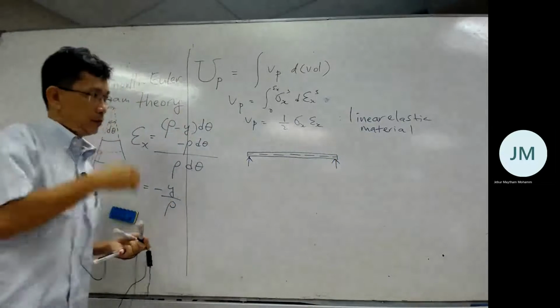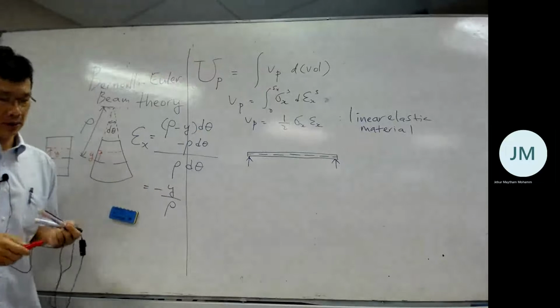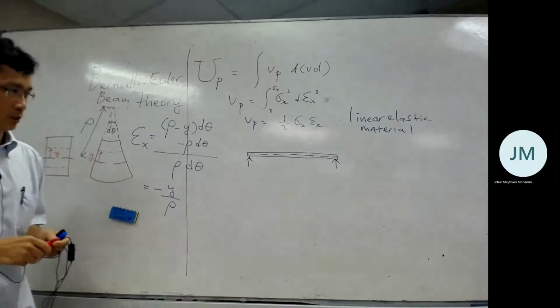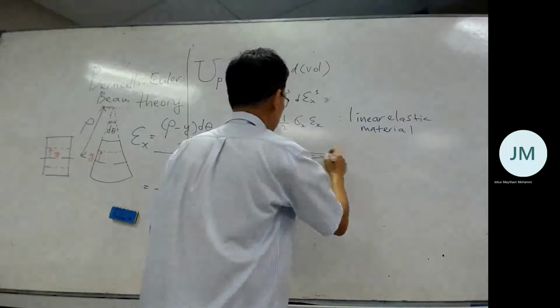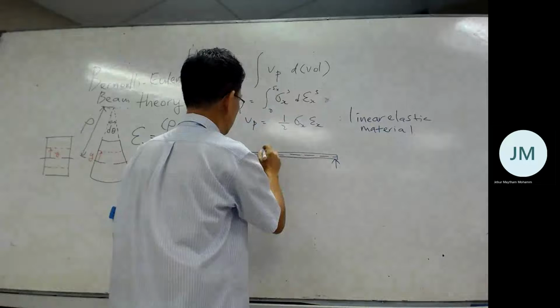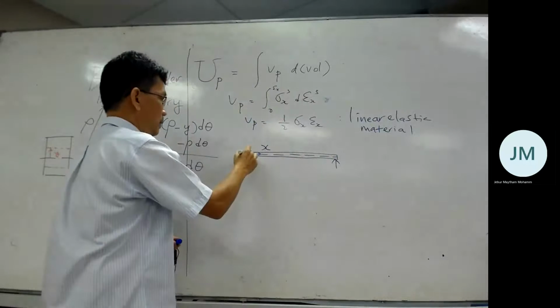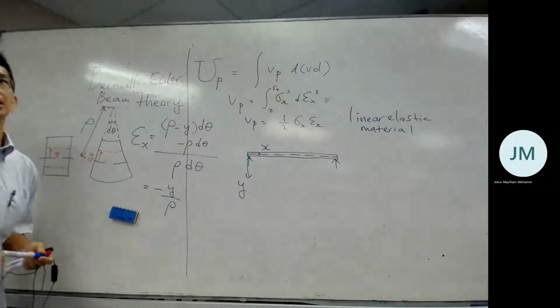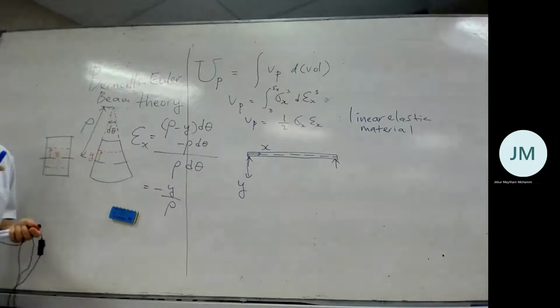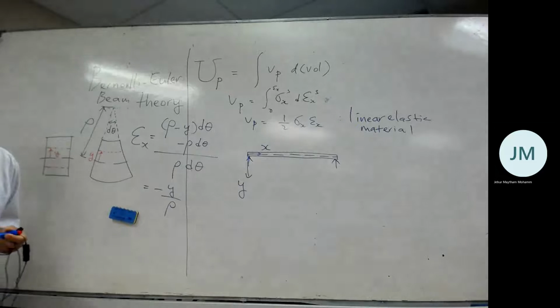I represent only using the neutral axis. The beam will deform, and for the beam we have this coordinate system, where this is the x axis of the beam and this is y. This is normally the way we use the coordinate system for beam problems.